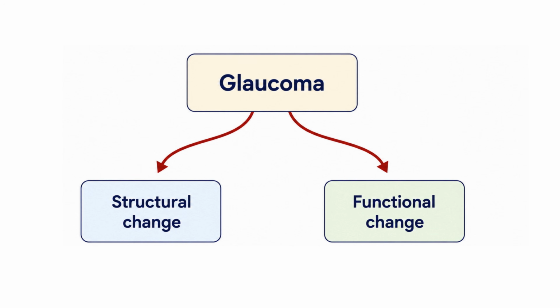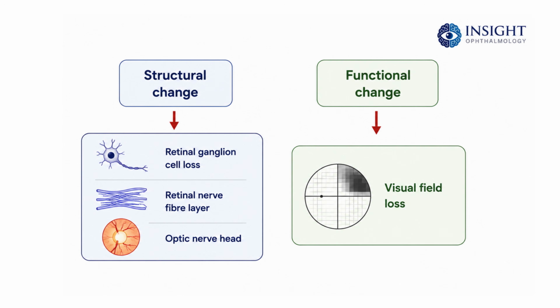So the disease process we have discussed becomes clinically visible in two broad ways. There is a structural change that you see in the fundus and a functional change that you find in your investigations. Structural change occurs because the retinal ganglion cells are progressively lost, and this loss can affect the retinal nerve fiber layer and the optic nerve head.